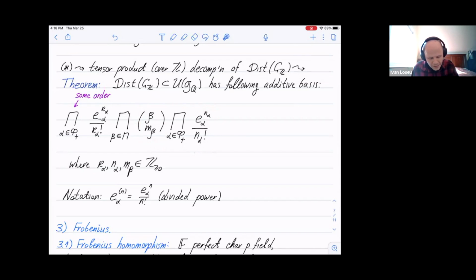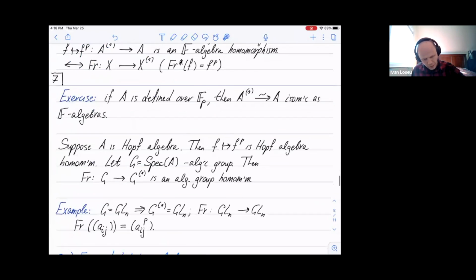And you can make an educated guess of what should be the basis for the distribution algebra of the Frobenius kernel. You just put constraints on these exponents, k_alpha, m_beta, and n_alpha, similarly to what we've seen in our example and our exercise. Let me write this down.